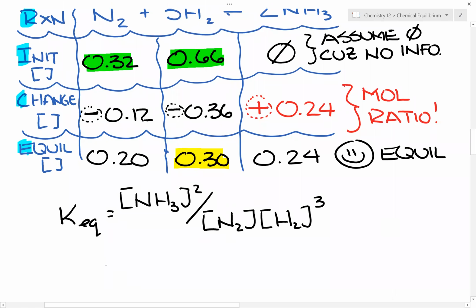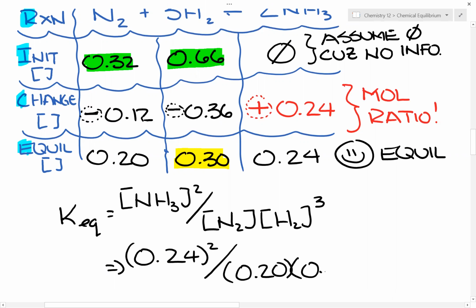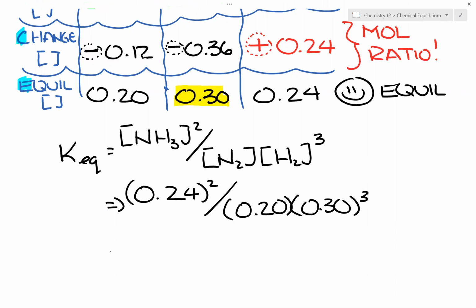And then I just plug the numbers in: 0.24 all squared divided by 0.20 and 0.30 all cubed. If we plug those numbers in, we have 0.24 all squared divided by 0.2 divided by 0.3 to the 3. So the answer would be 10.7.